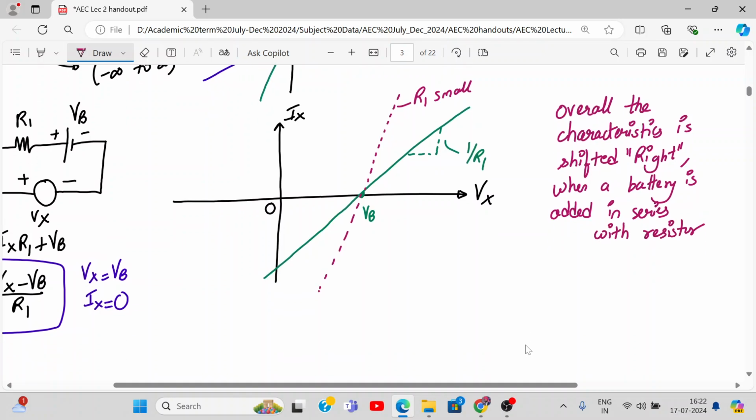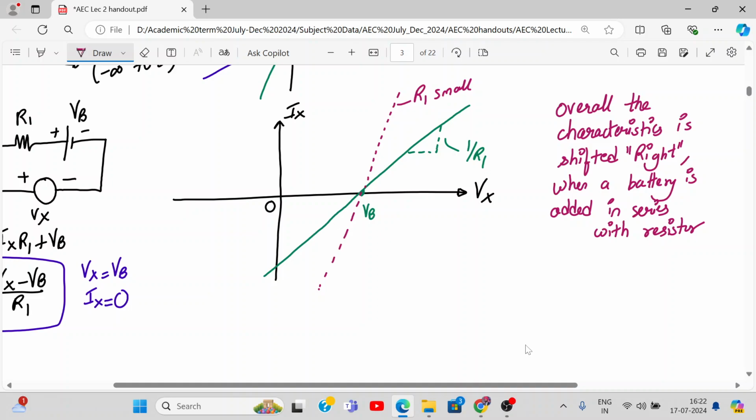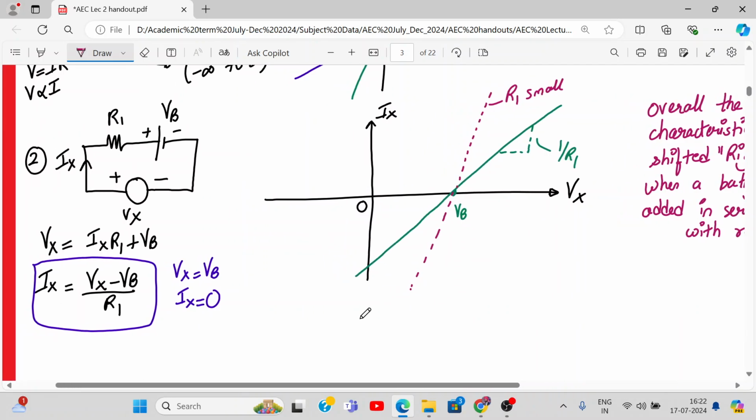Agree on this? Are you following? Yeah, okay, very good.